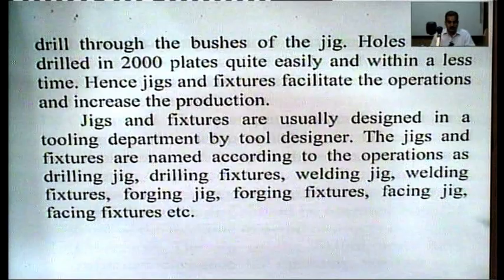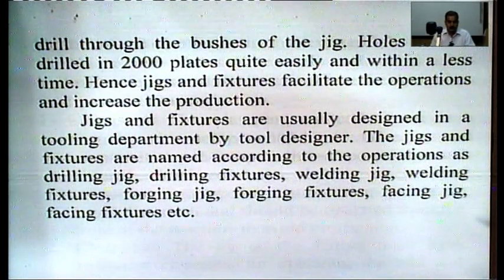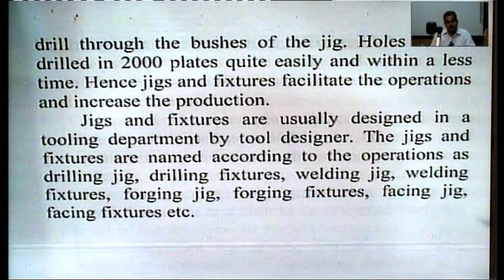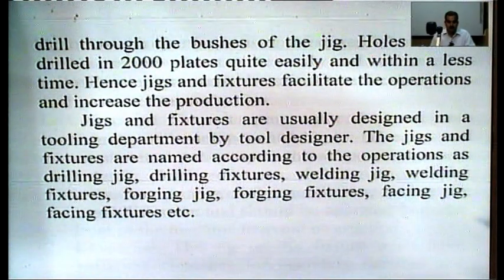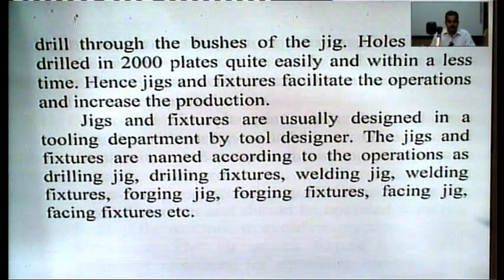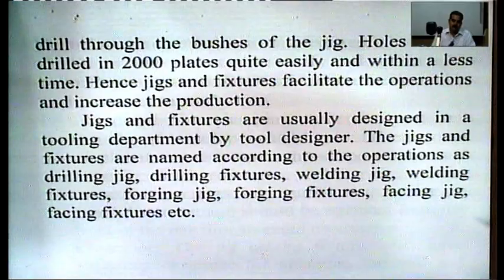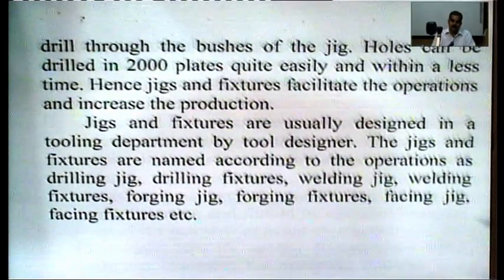If they help in the operation of welding, then these can be called welding jig or welding fixture. If these are used in forging, then they may be called a forging jig or a forging fixture, facing jig or facing fixture, etc. So these jigs and fixtures are named after the operations they are going to perform.